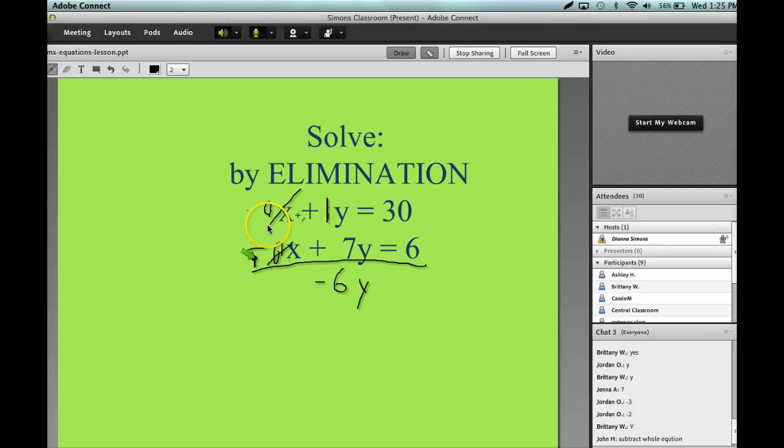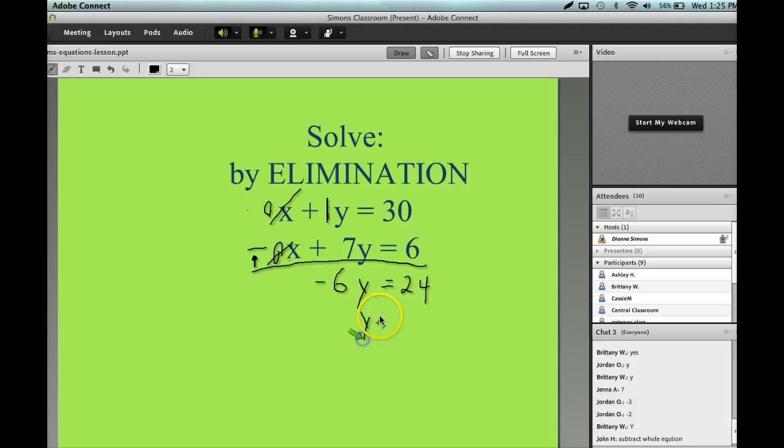It's 1 minus 7. Okay? It's tricky to do the subtraction. That's why I always like to add if I can. So now we have 30 minus 6. What's 30 minus 6? 24.